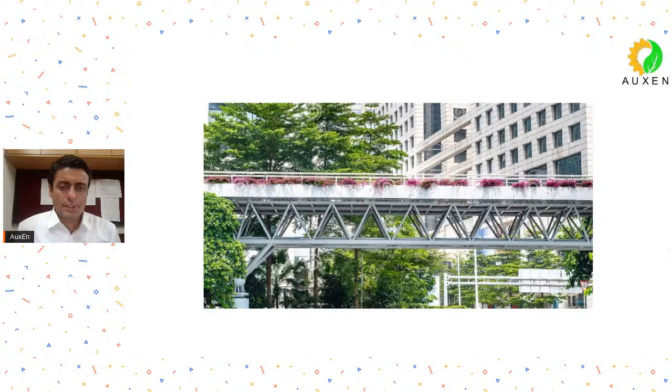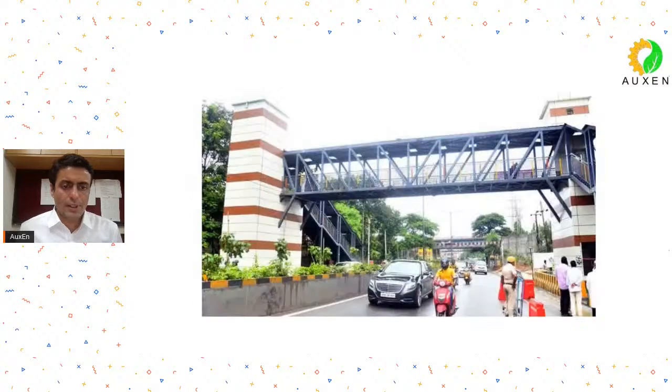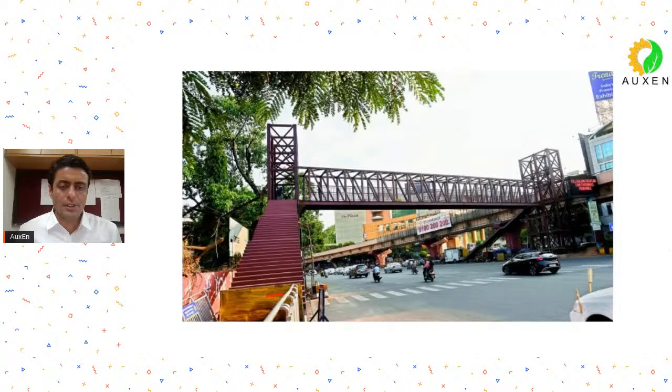You can see some examples of pedestrian bridges, common types of pedestrian bridges. All these images have been taken from the internet. This is the newly inaugurated Atal Bridge on the Sabarmati River at Ahmedabad. Again, commonly seen pedestrian bridges: small span, 15 meters, and simple configuration. Another bridge.